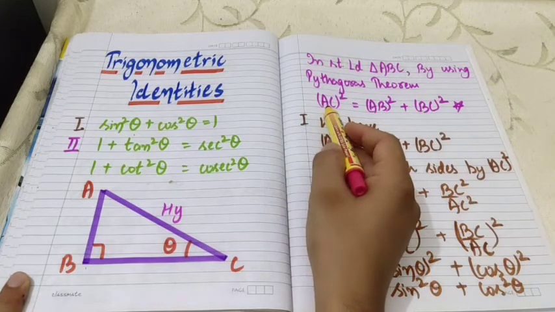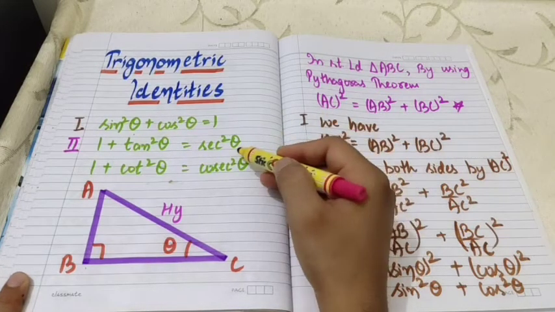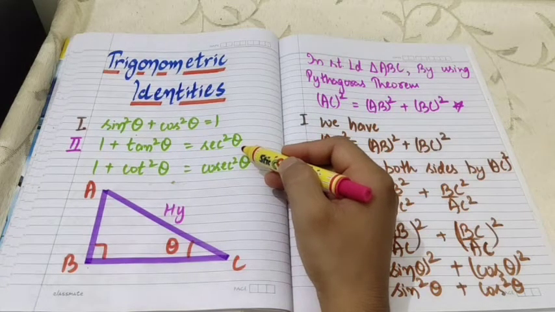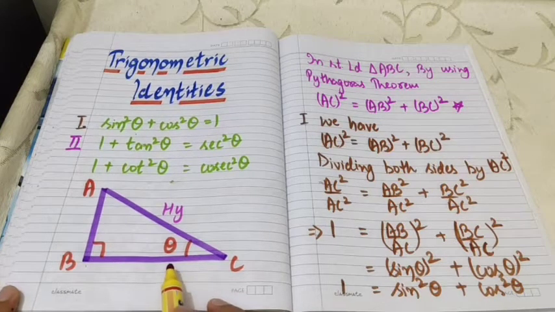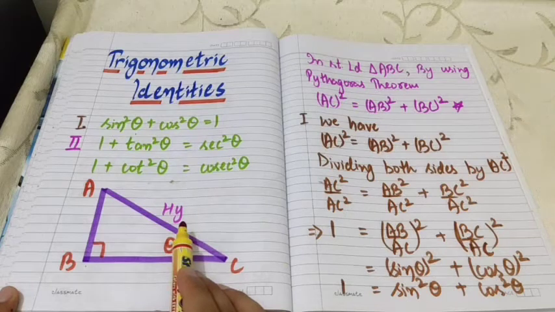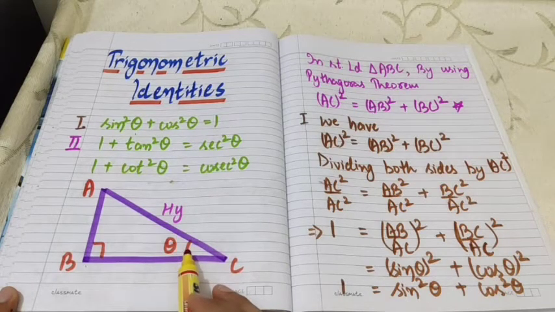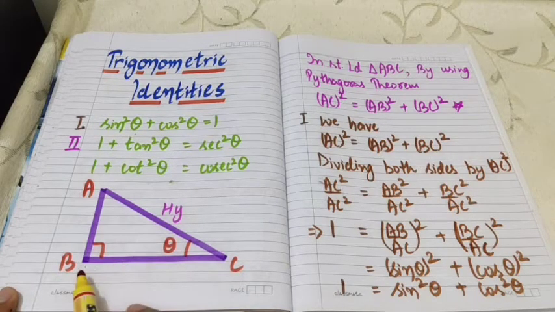AC square should be converted into secant square theta, and we know that secant theta is the ratio of hypotenuse to the adjacent side. If we talk about the angle theta, hypotenuse is AC and the adjacent side with respect to angle theta is BC.